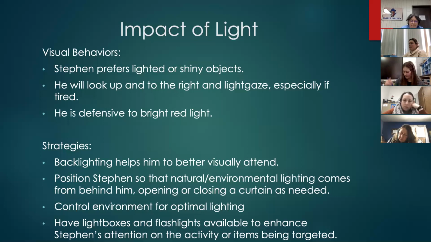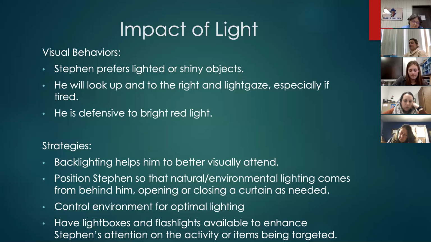You can change the brightness on them. You can change the background color on them. Apple does a great job with its accessibility features, and that's one of them. So iPads lend themselves very well to kids who are dealing with CVI. Position Stephen so that the natural environmental lighting comes from behind him, and we've talked about that before.